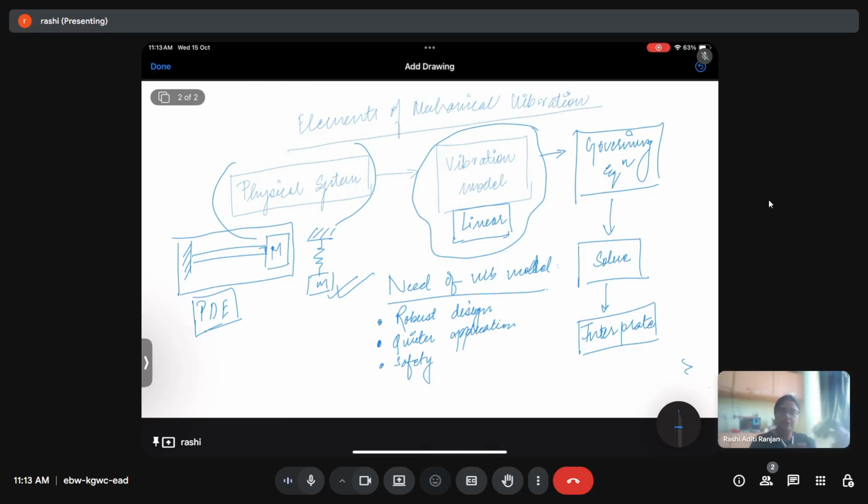And once we avoid the resonance condition, we can ensure that the operation of the machine is under safe condition. Okay, safety. And the last one is going to be monitoring.